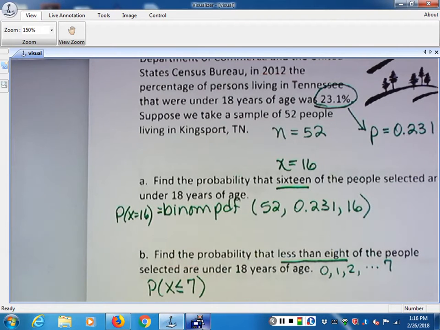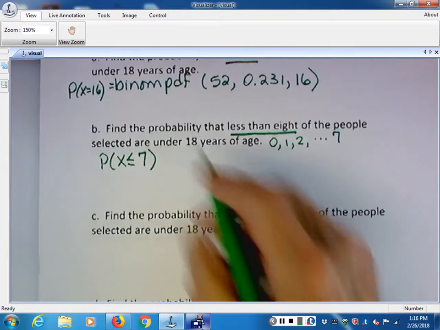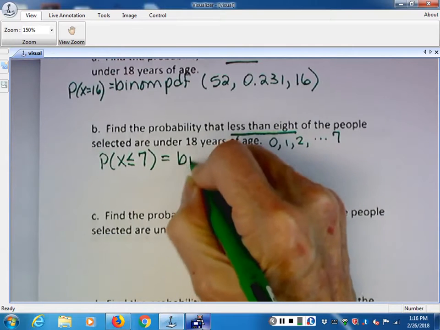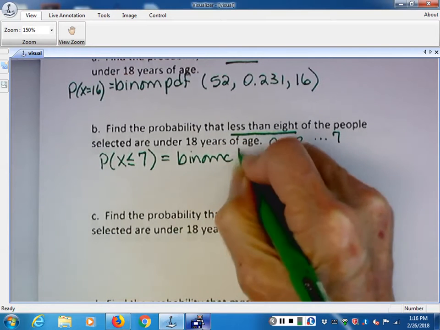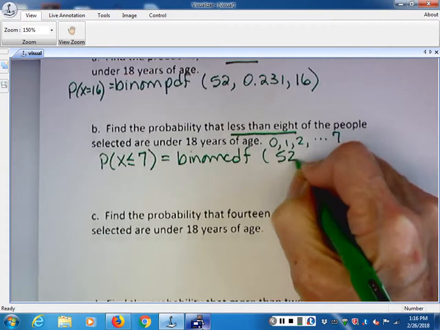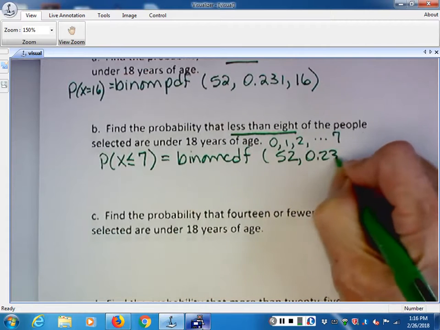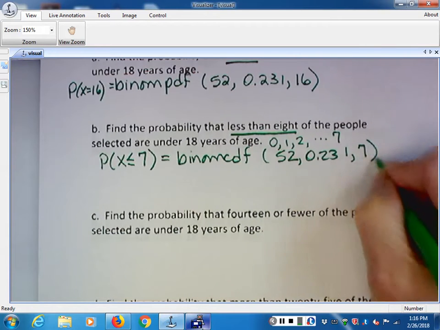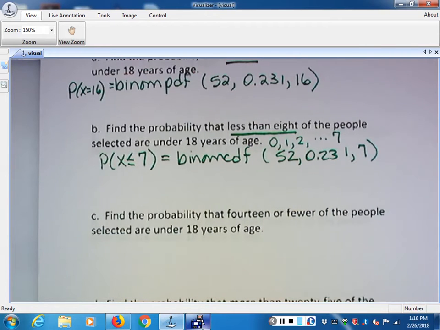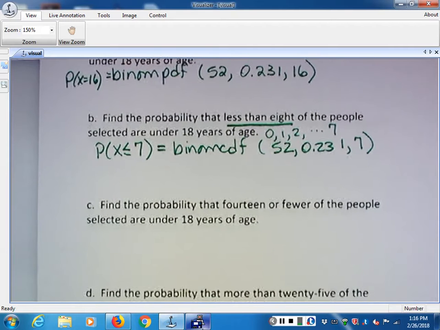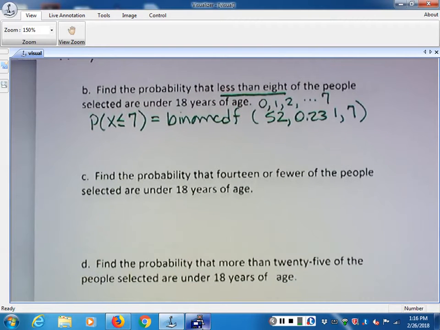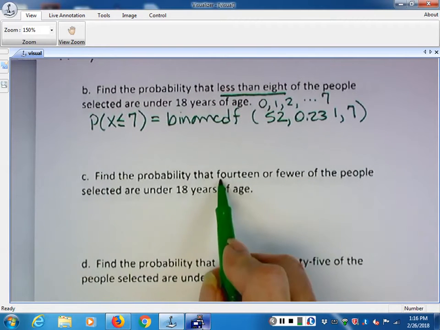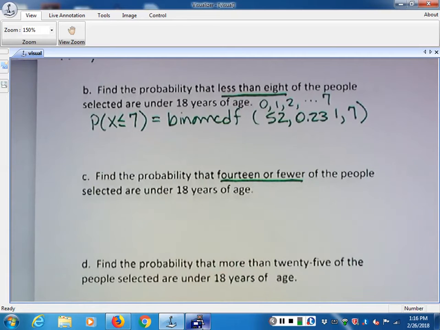So that's going to be binomial CDF, and it's going to end with 7. Next, 14 or fewer. Is 14 included? Yes. Up or down? Down.